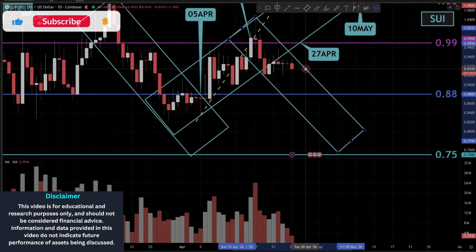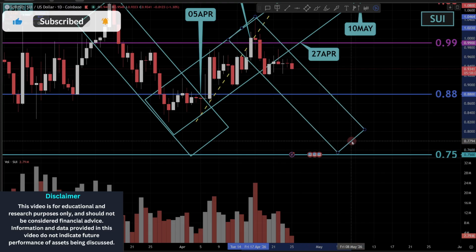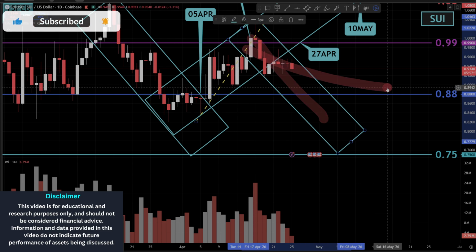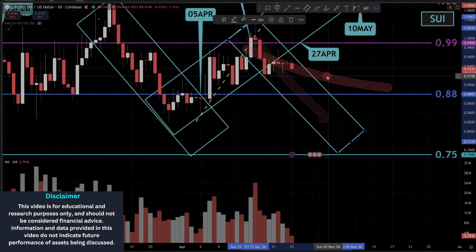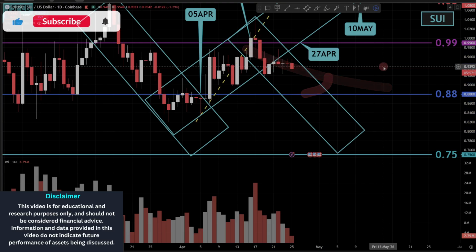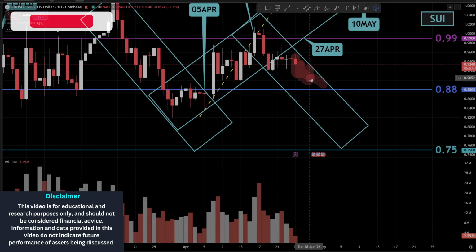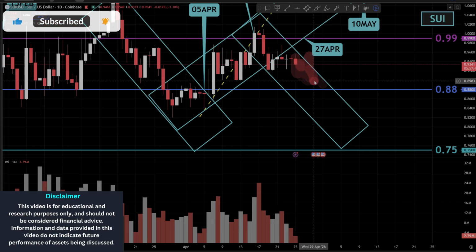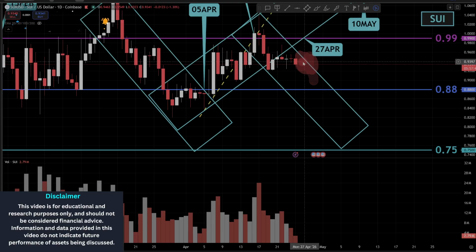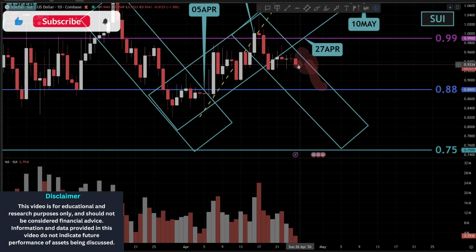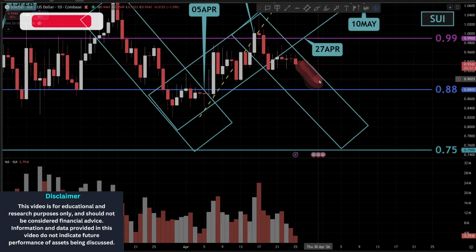The price range of this channel will be narrower, and the drop will be steeper, if it goes in that particular direction. So in the next few days, we will see: is the price going to shoot up a little, giving us a new reference point before coming back down, or is it going to come down along this line?